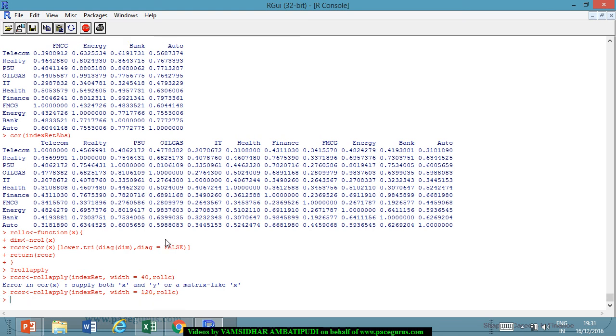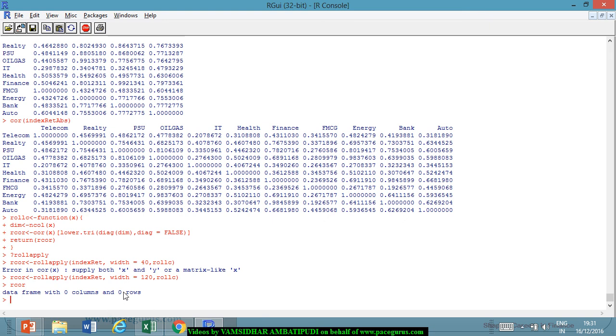The whole width I have taken across the entire 120 observations. So that's the total number of observations we have. Now if I am looking at R core, it's a data frame with 0 rows and 0 columns.